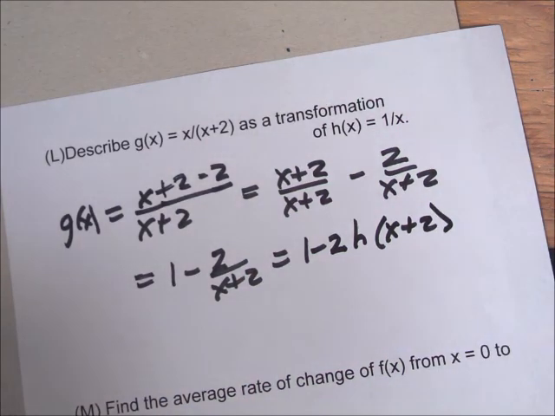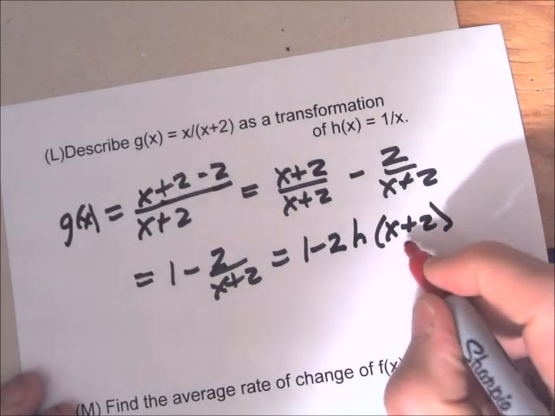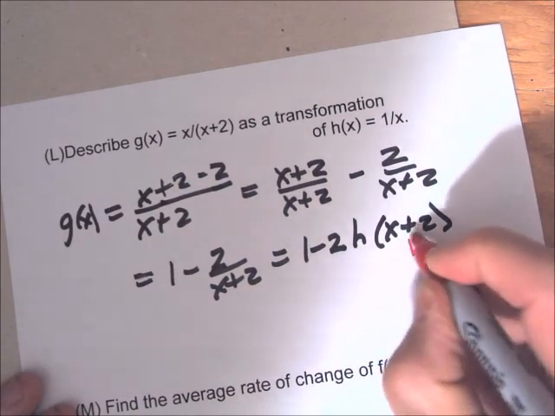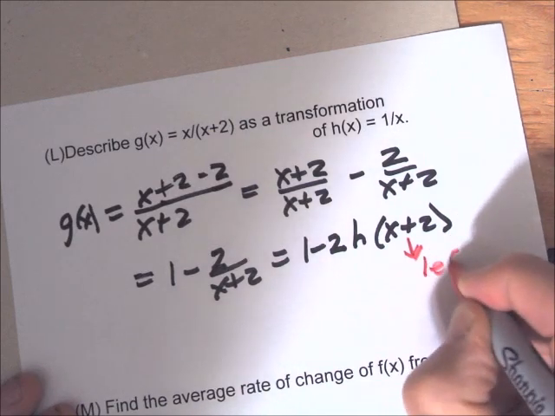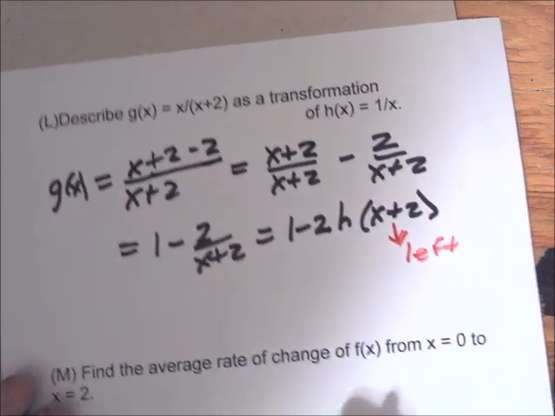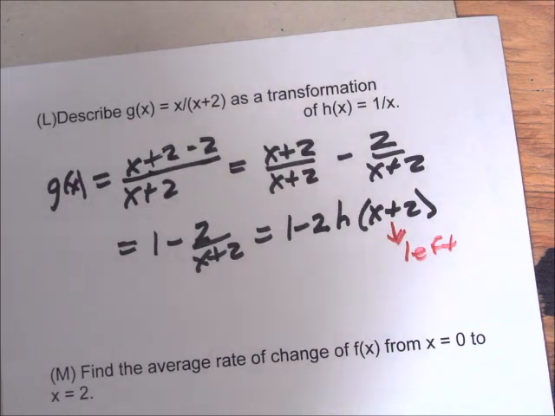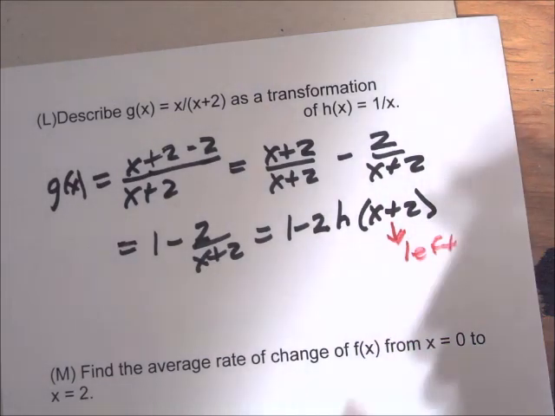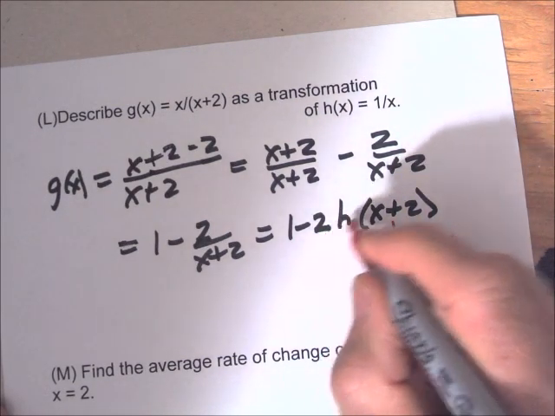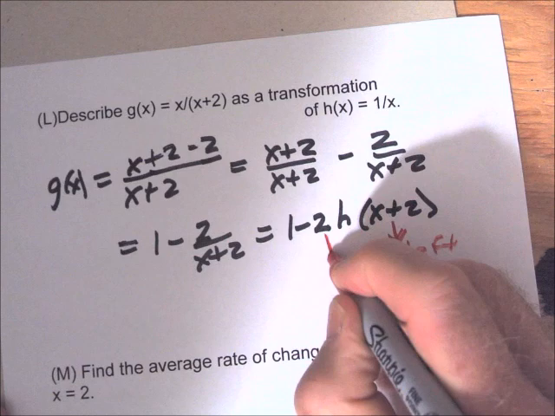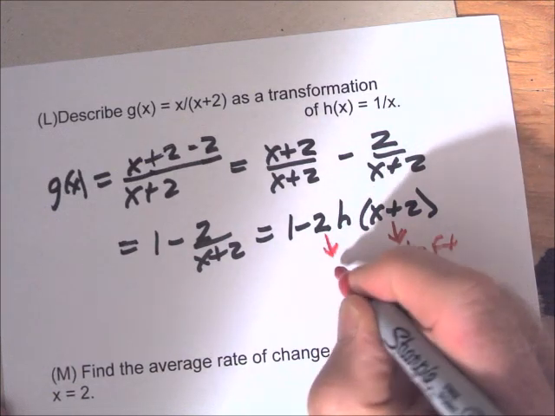Okay, so this is a shift left here. So we want to shift h of x left, and here we're multiplying h by a number, so this is a vertical stretch.